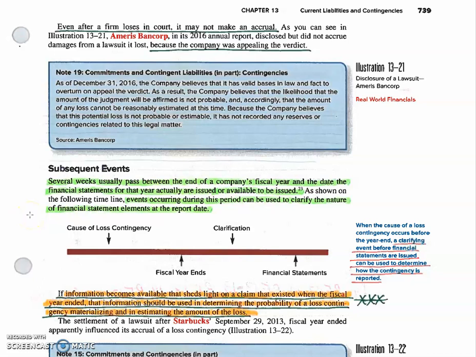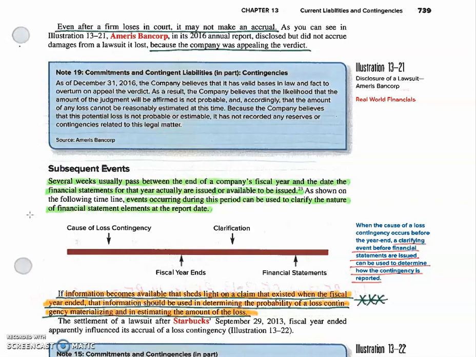So now, other subsequent events. Let's say you have a building and you have it recorded on your books for $10 million and it burns down in January. Are you required to show that building as not existing on your balance sheet at December 31? The answer is no. You show the building on your balance sheet at December 31, because that's what existed at the time.